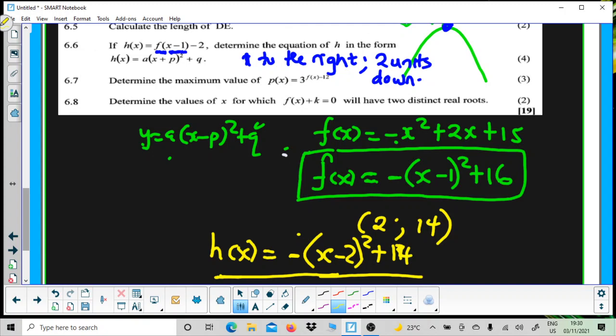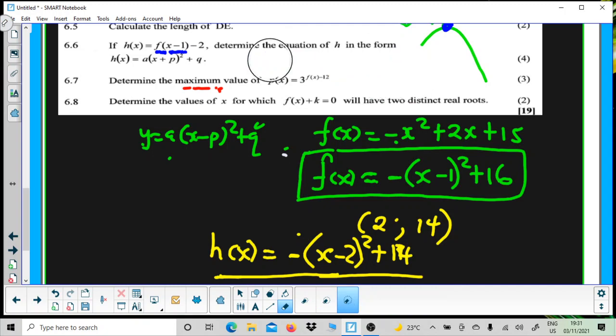This is a very interesting sum, people. Look at this sum. Determine the maximum value of... look at this. For you to be able to determine the maximum value of something which is now an exponential, as you are noticing, this requires that you look properly. You want a maximum value, obviously, of this function. But to be able to get a maximum value, here is what I want you to see.